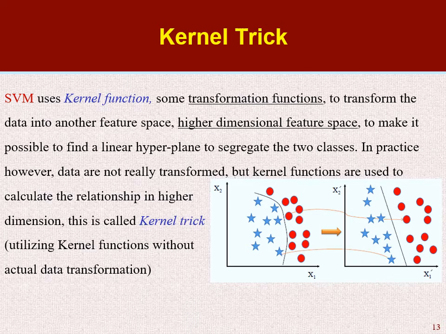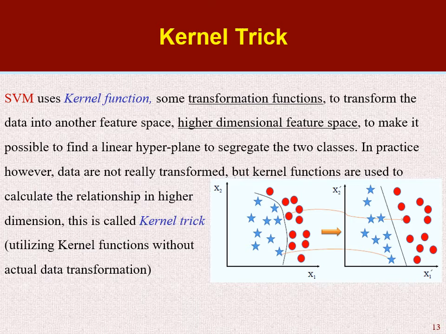In practice, however, data are not really transformed using kernel functions, but kernel functions are used to calculate the relationship in higher dimension. This is called kernel trick, utilizing kernel functions without actual data transformation.